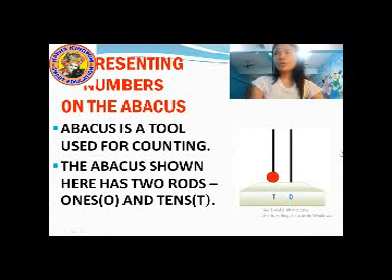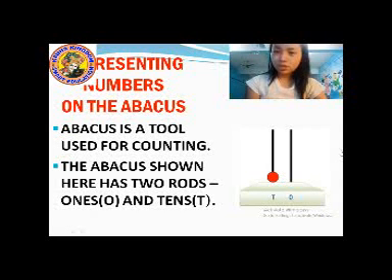Okay students, now we are going to learn how to represent numbers on the abacus. First I would like to tell you what an abacus is. The picture shown here is an abacus. An abacus is a tool used for counting.